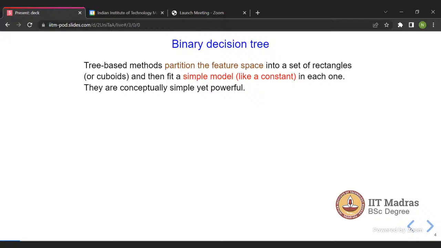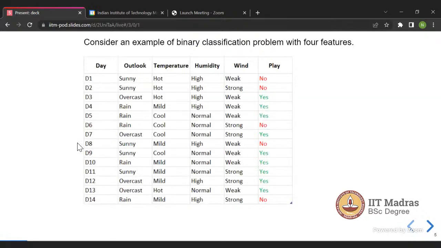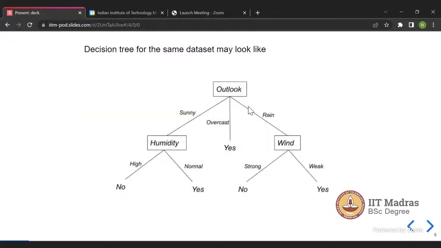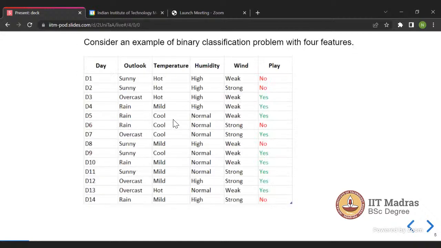So let's move ahead. This is one particular example of how decision trees typically look. This example consists of 14 samples and 4 features. The features are outlook, humidity, wind, and temperature. And the label is play, whether according to these features, tennis should be played or not.